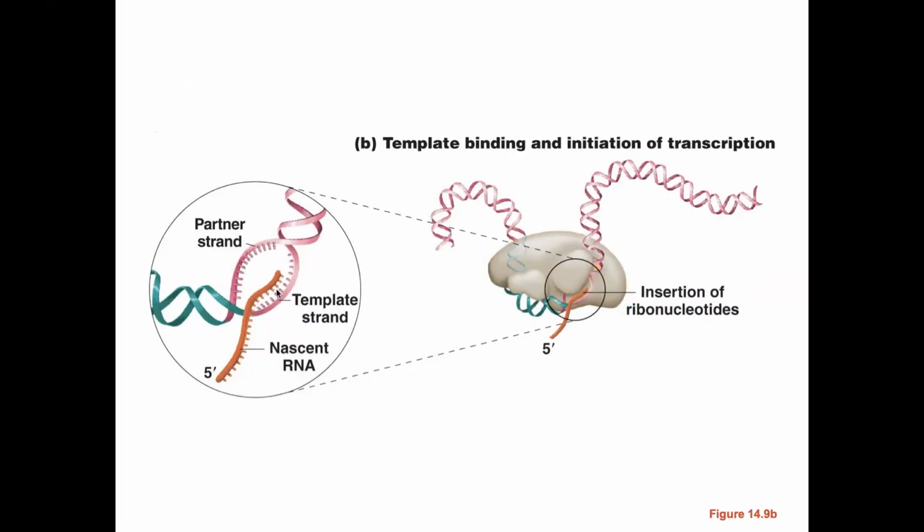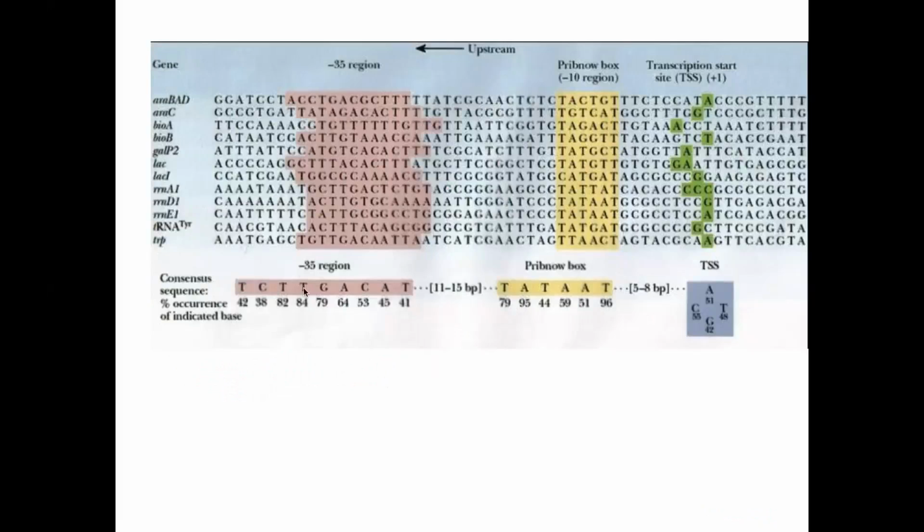So what allows for that? Actually, if you go back to the Pribnow box, you see it's rich in A and T. And remember, A and T base pairs in double-stranded DNA are only held together by 2 hydrogen bonds. So it's easier to disrupt than a stretch of double-stranded DNA where you have lots of GC base pairs.